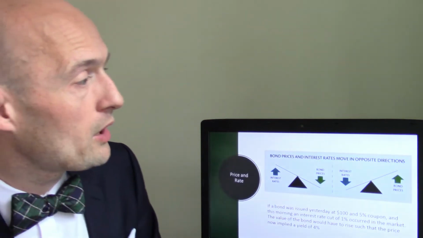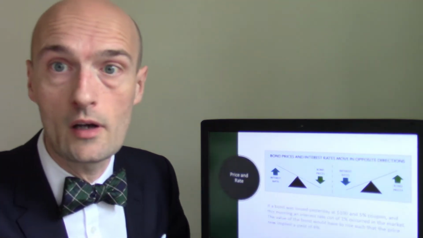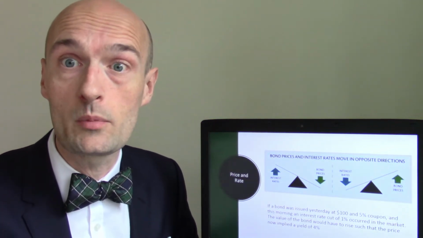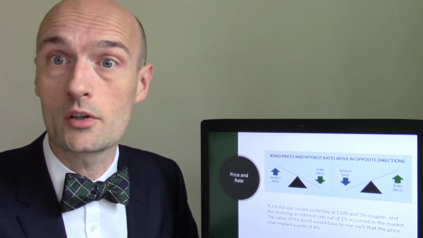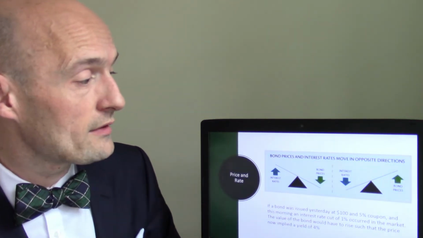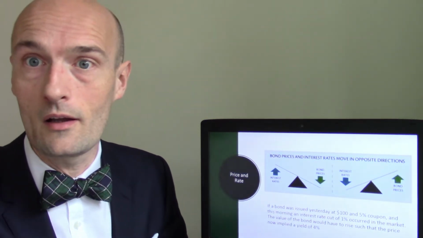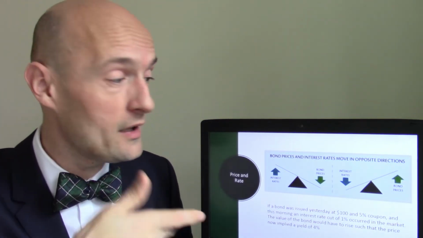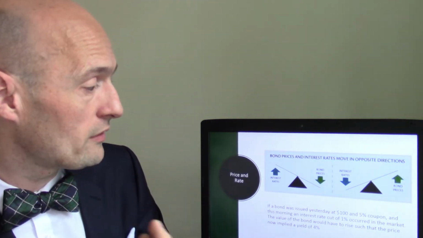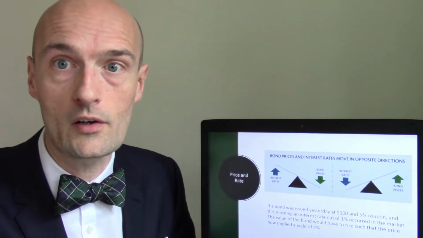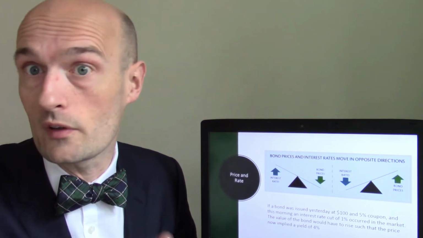So bond prices and interest rates move in opposite directions. And I'll run through this quickly. It's probably reasonably obvious to you, but it's no harm to run through this idea anyhow. So if a bond was issued yesterday at $100, at a 5% interest rate, and the next day an interest rate cut occurred, so the new going rate of interest is 4%.